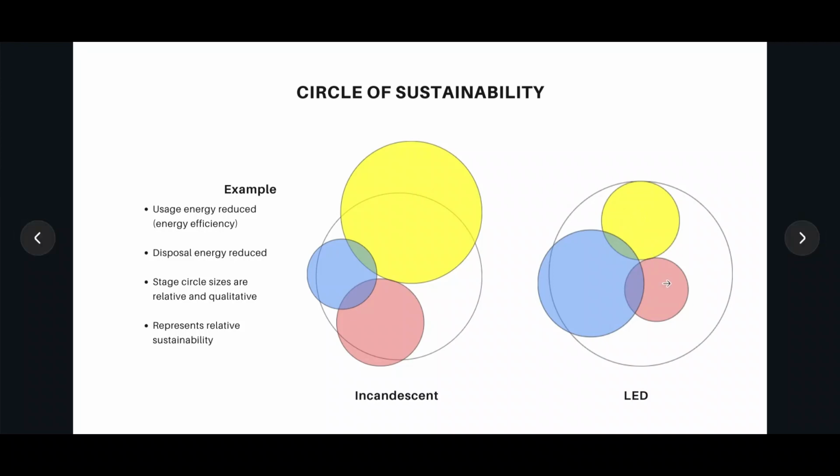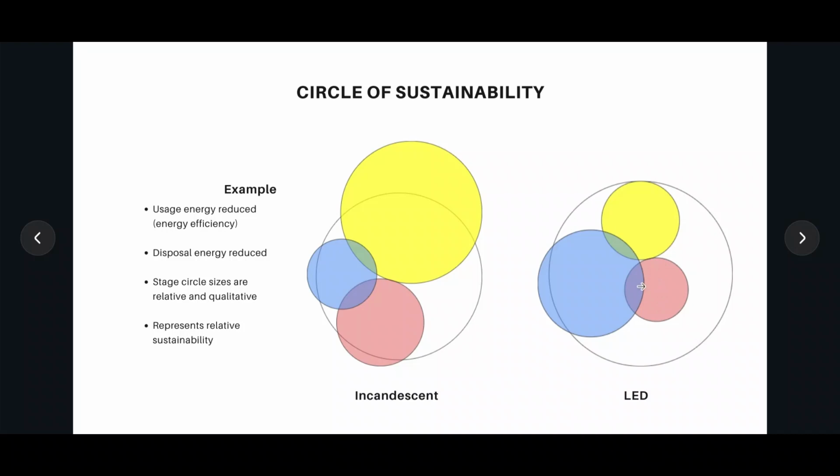And finally, LED bulbs are easier to dispose of. They're recyclable. They're easier to dispose of than incandescent bulbs. So the LED side has a larger production circle, smaller product use circle, small enough that it can be powered by renewable energy sources, and a smaller disposal stage.